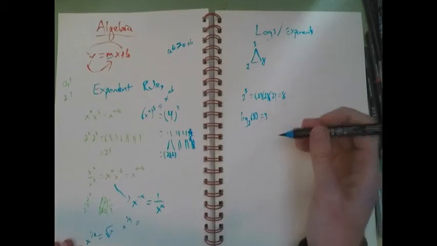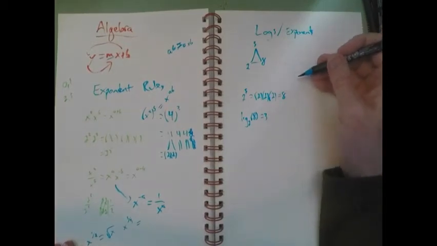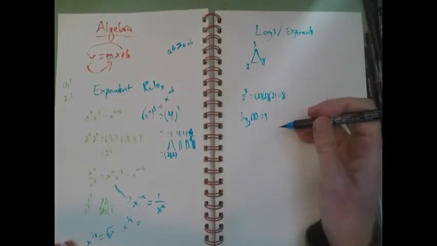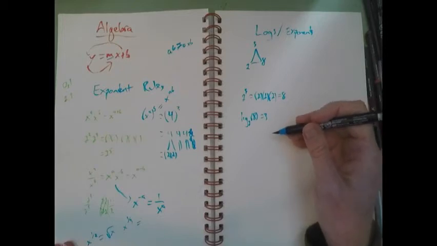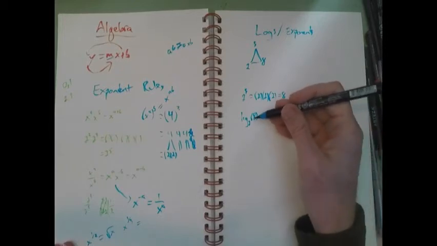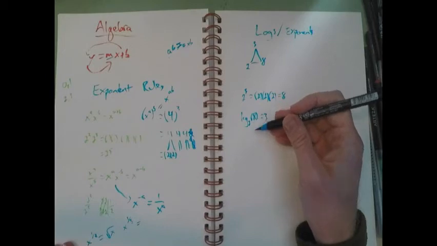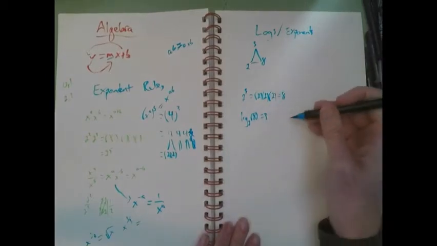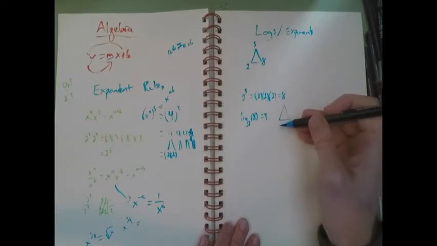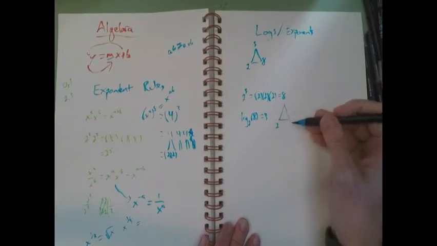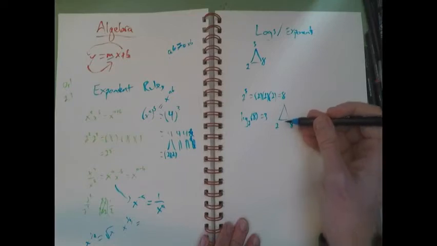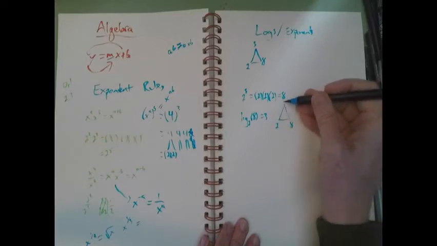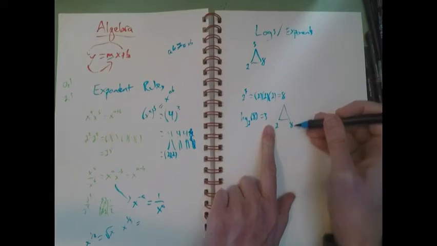Another way we could think about that is 2 to some exponent. Let's use the triangle of power here. 2 and 8, where we're saying log base 2 of 8 is asking what exponent on 2 would we need to come down to this 8.